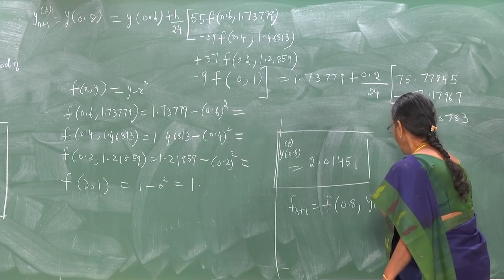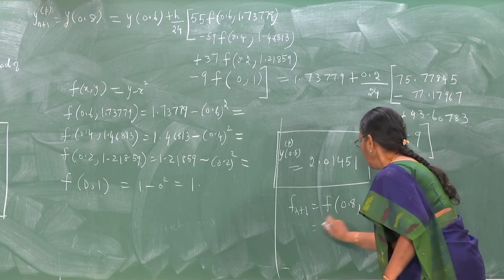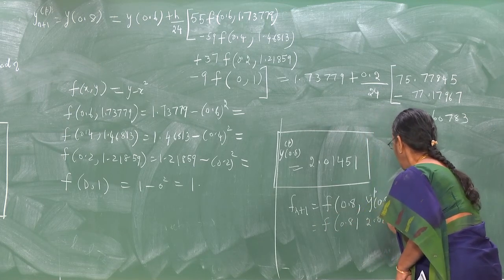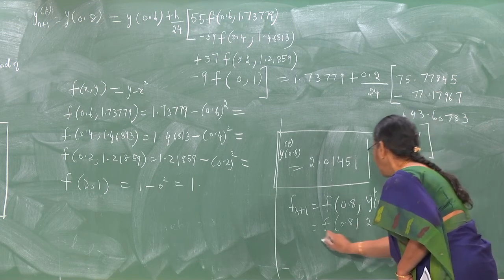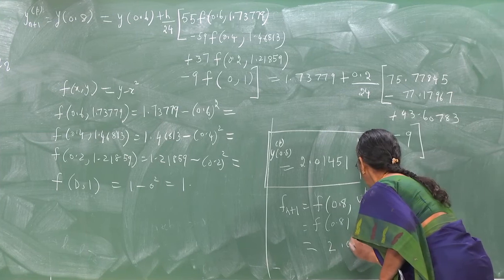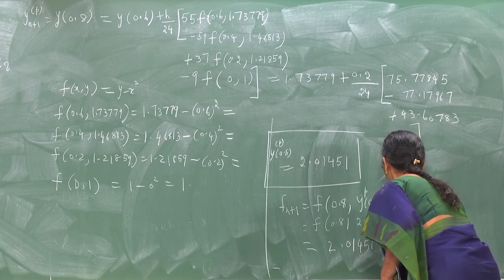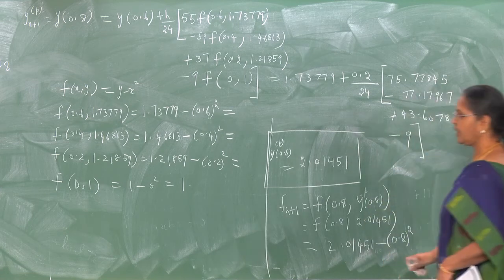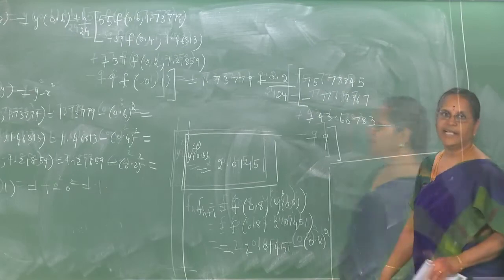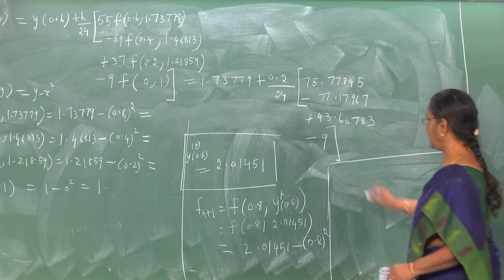Y is y of 0.8, that is predicted. So, it is f at 0.8, 2.01451, but f of x comma y is y minus x square. So, 2.01451 minus 0.8 the whole square. So, compute that fn plus 1 first. Let us now use the corrector and write down the corrected value.